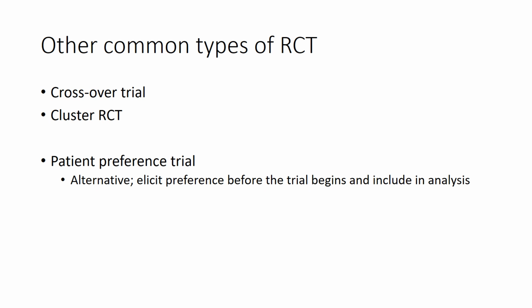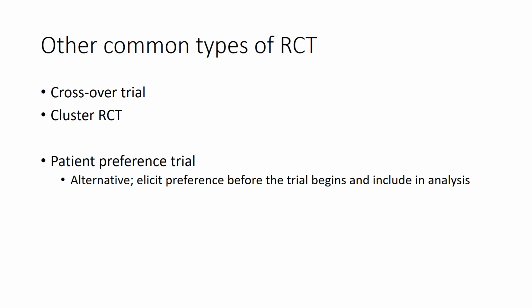So there are examples in the physiotherapy world where states or areas of a country are randomly allocated to receive the intervention, and that's compared against states or areas of a country where they don't receive that intervention. Other examples are randomly allocating whole GP practices rather than individuals within those GP practices, or whole schools, for example.